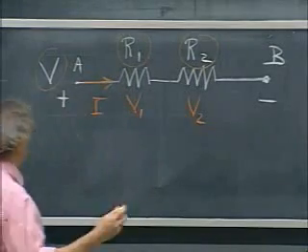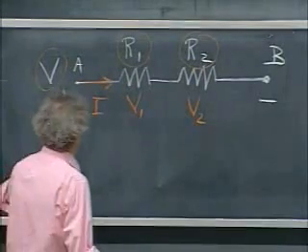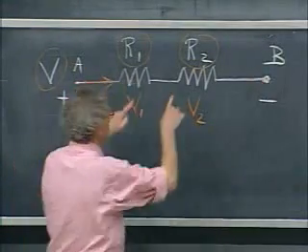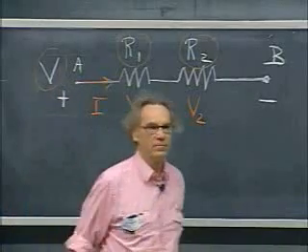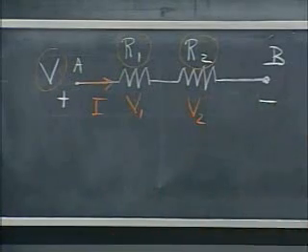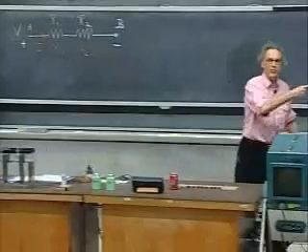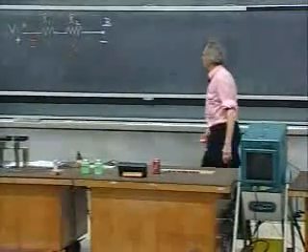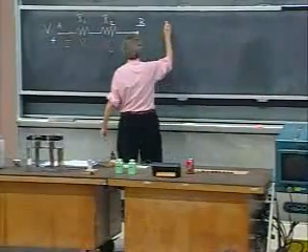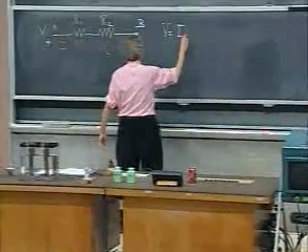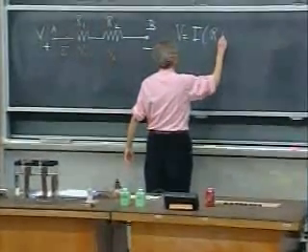Well, you apply now Ohm's law, and so between A and B there are two resistors in series. So the current has to go through both. And so the potential difference V in Ohm's law is now the total current times R1 plus R2.